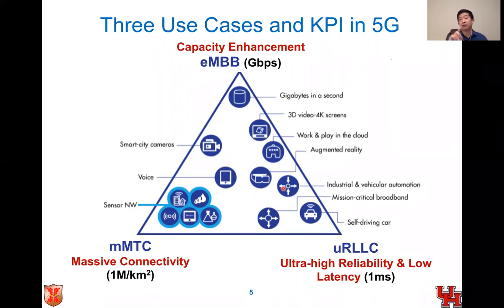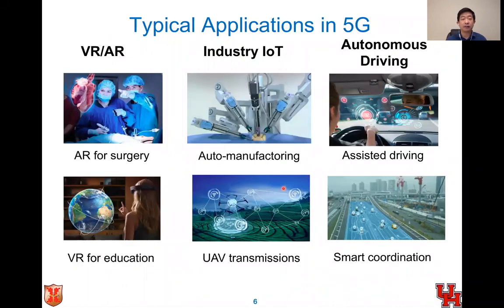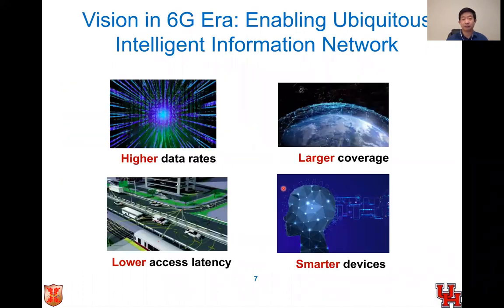Instead, there are a lot of different techniques to achieve these three things. For 5G, there will be many applications: VR and AR, industrial IoT, automatic driving, and now that we have COVID-19, VR for education. UAV is also a very hot topic, which I will talk about later, and then smart coordination.